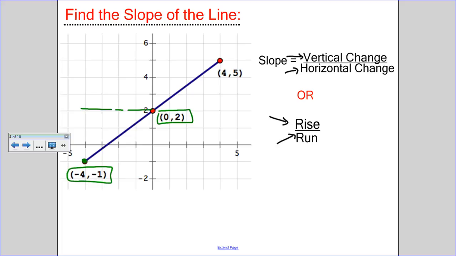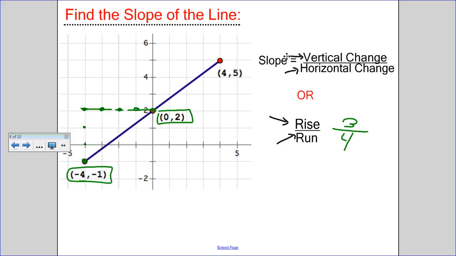So here we are rising up 1, 2, 3 times, and we are running across 1, 2, 3, 4 times. That tells us that our rise over our run is +3 going up and +4 going across.